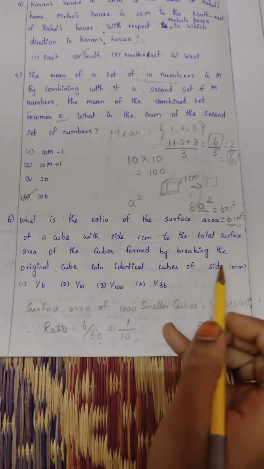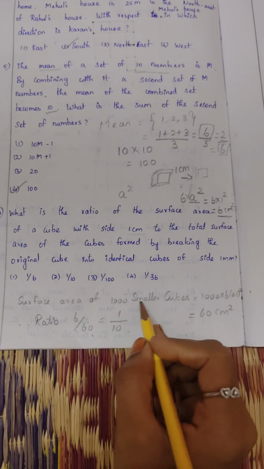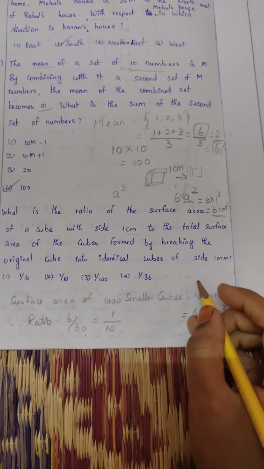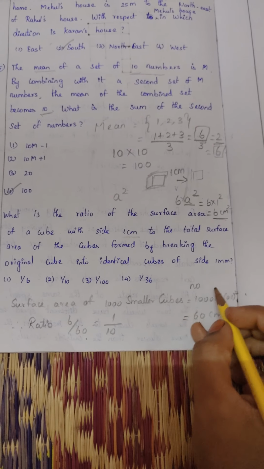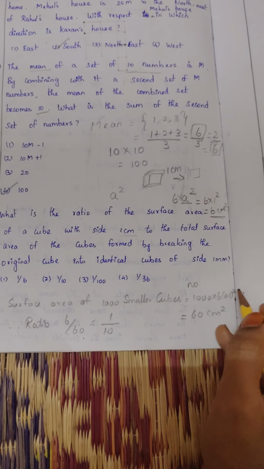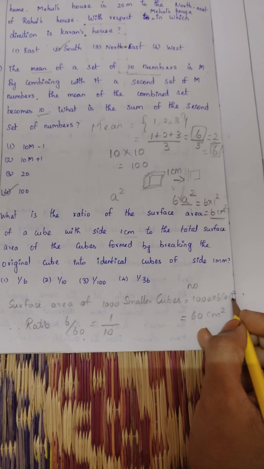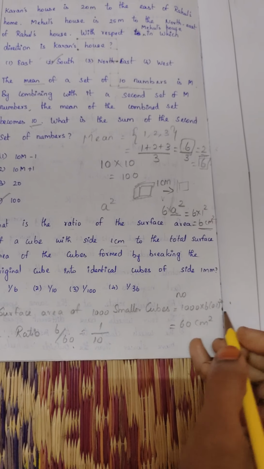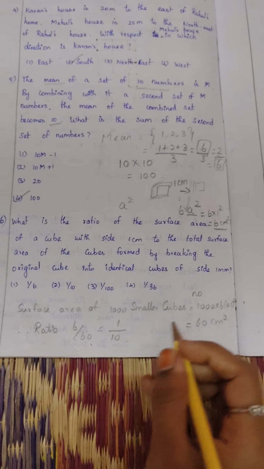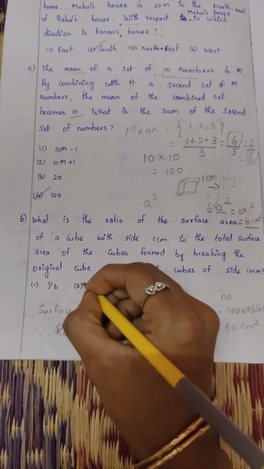And for the identical cubes, we have 1000 smaller cubes. So 1000 into 6 into a squared, where the side a is 0.1. So 0.1 squared, so it will become 60. So the ratio is 6 by 60, which is equal to 1 by 10.